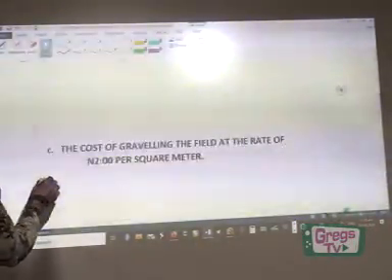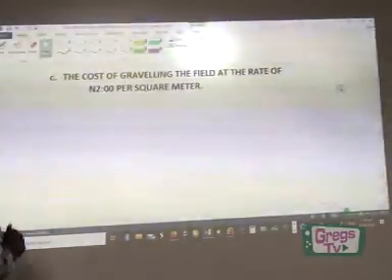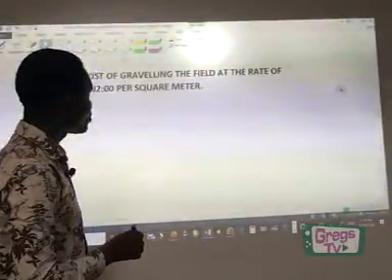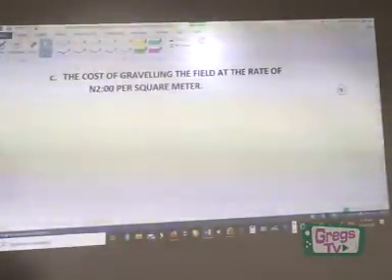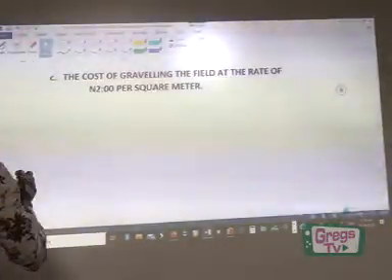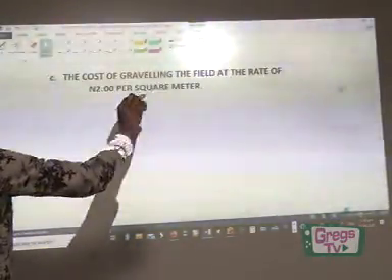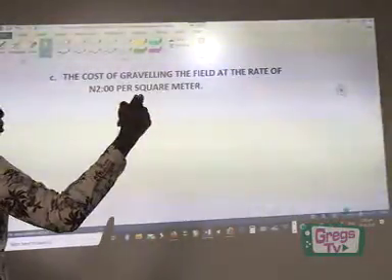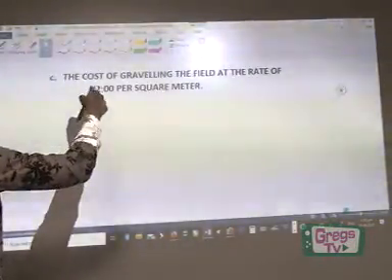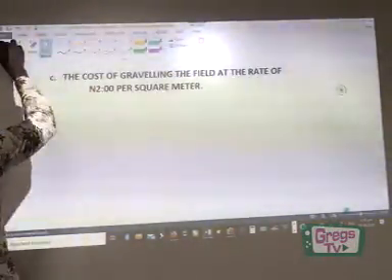Now the last one on that same question is to find the cost of graveling the field at the rate of 2 naira per square meter. So if that is the case, very easy. That means for every 1 meter squared, the cost is 2 naira. So that means I will have this.